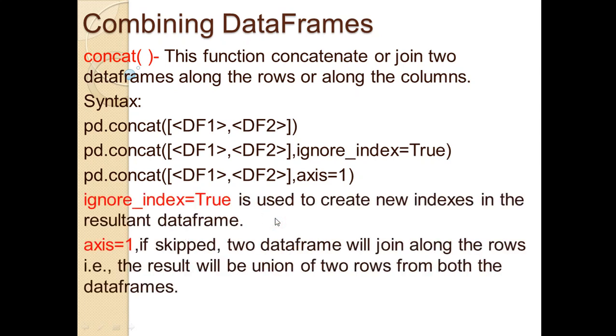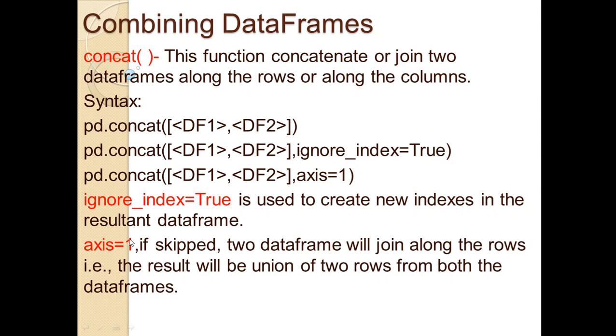When you specify ignore_index equal to True with the concat function, it creates new indexes in the resultant data frame. If you do not specify ignore_index, then two different indexes will appear, two different row labels, like df1 will have 0, 1, 2, 3 and df2 will have 0, 1, 2, with no changes in the resultant data frame.